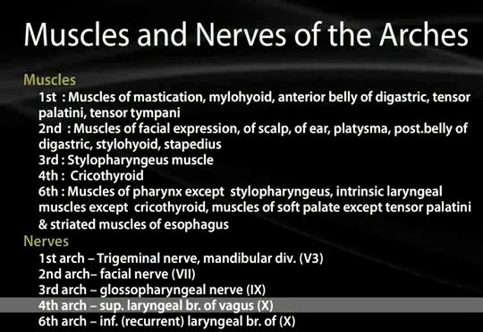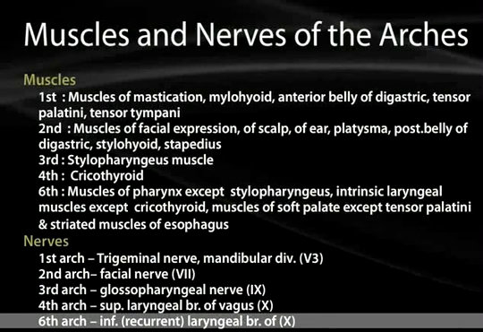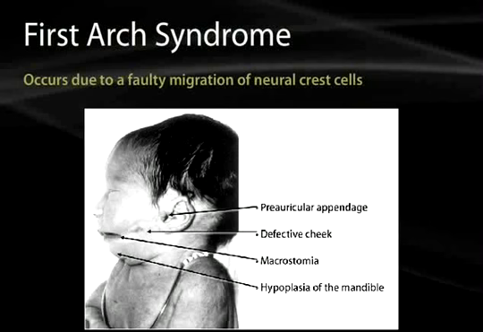And finally, the larynx and pharynx are innervated by the vagus nerve, and it's also known as the superior laryngeal arch. Now we have the sixth arch, which is going to be innervated by the recurrent branch of the vagus nerve, and that's known as the recurrent laryngeal arch, both of which are vagus.